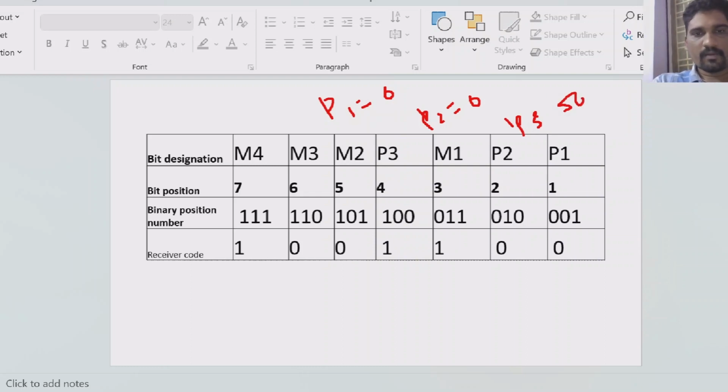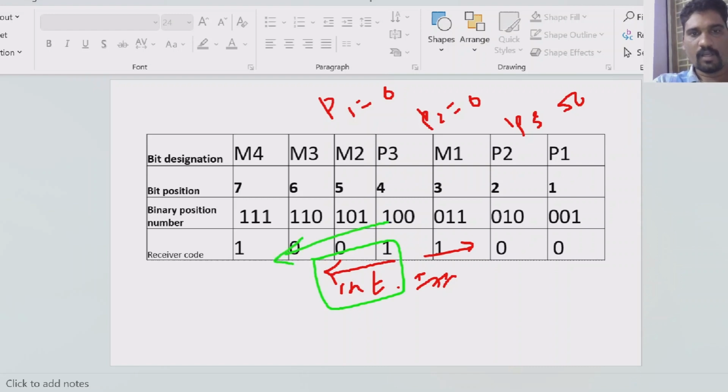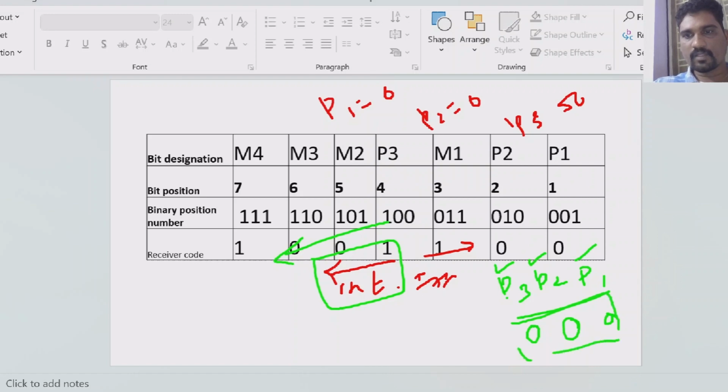We have an integer part and a fractional part, each followed in its own direction. For the problem we are solving, the integer part, we need to take this direction output: first output, second output, third output. What is the first output, P1 value? 0. The second output, P2 value? 0. The third output, P3 value? 0. Now in which location do we have the error?